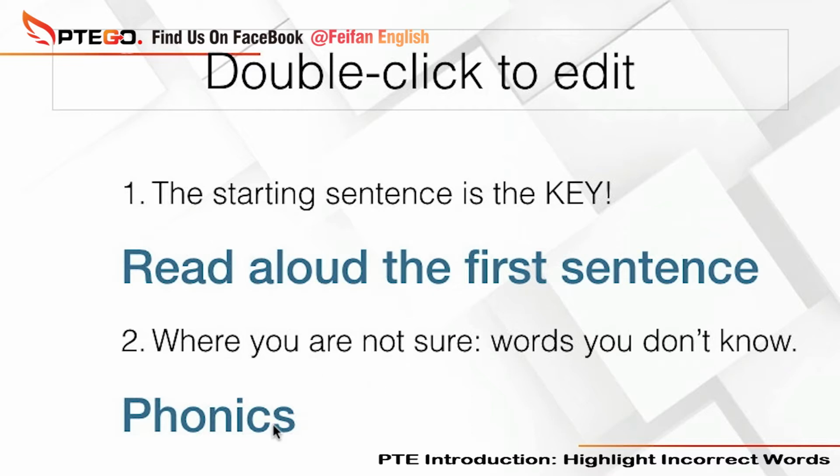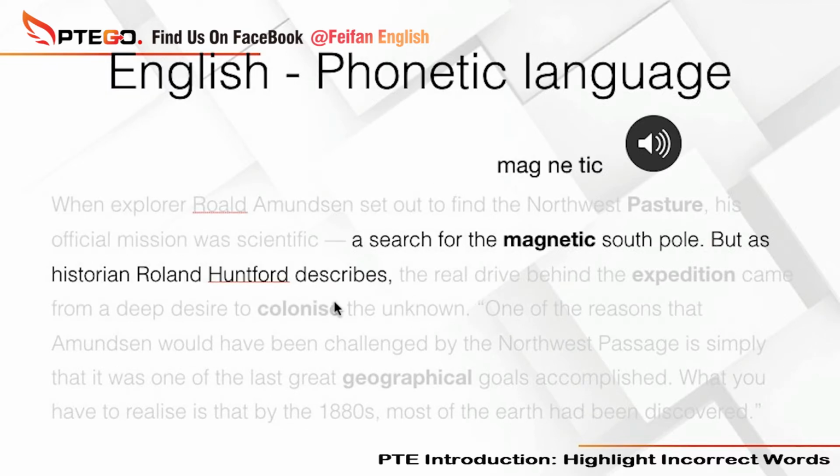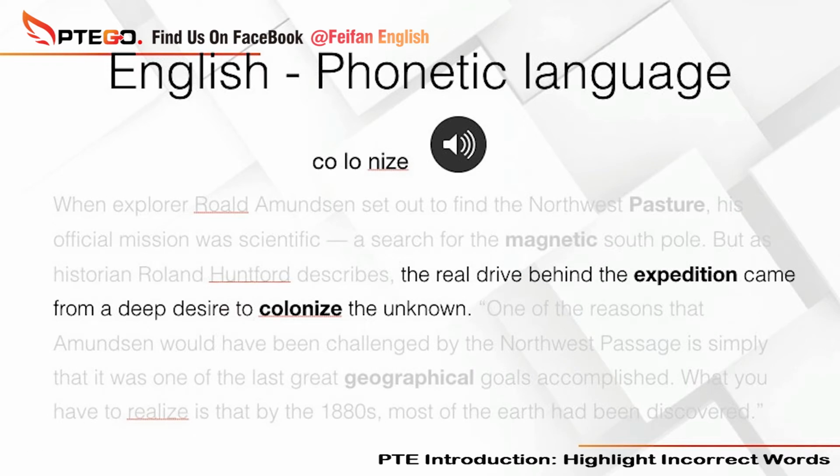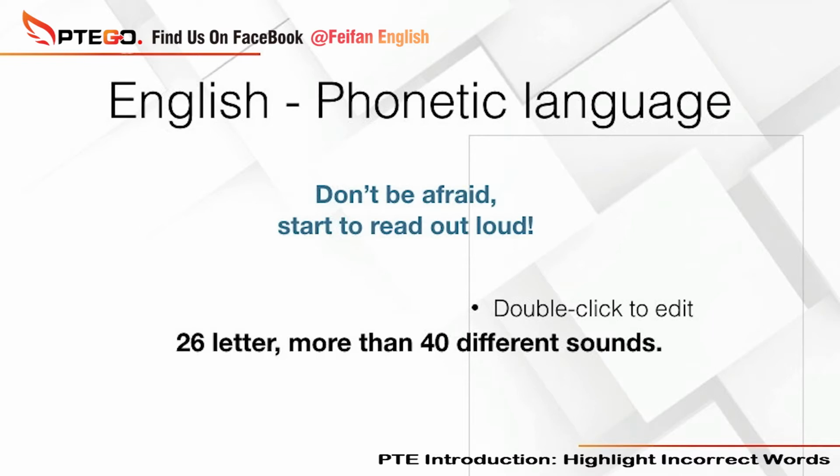There are a few words, phonetics for example, which can add real value to such a question type. As I said, pasture is one such word where you can get stuck, along with magnetic, expedition, colonize, geographical. Geographical is the incorrect pronunciation, and probably you are stuck there. So don't be afraid. This is a phonetic language.